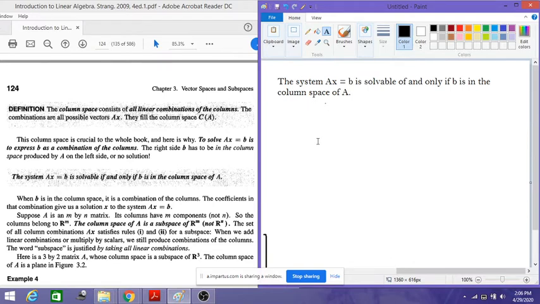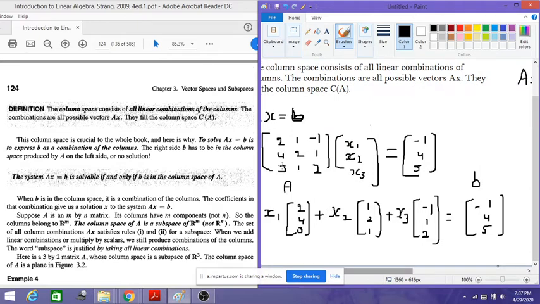If we consider that A is a matrix of dimensions, say m cross n, then the column space of A will be a subspace of R to the power m. It means, how many components are here?